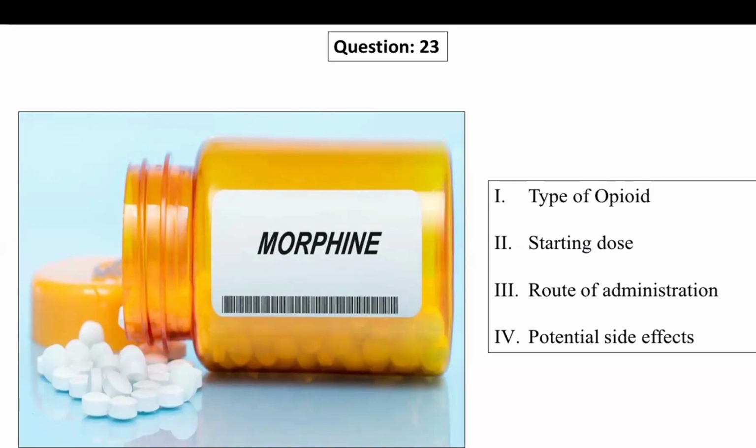Okay. So you have rightly said it is available in two forms, oral and IV. But in the starting criteria, we use the immediate release oral tablet, and depending upon the intensity, we can go ahead with 5 to 10 milligram given every 4 hourly.